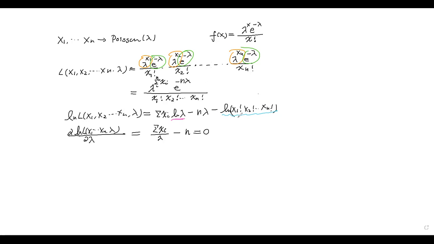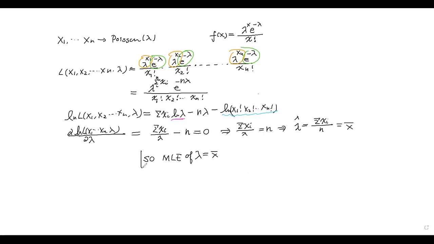If you set this equal to 0, then summation xi over lambda equals n. So I can say the estimator lambda hat will be the summation xi over n, which is what we call x bar. So that's how we prove the MLE of lambda is equal to x bar.